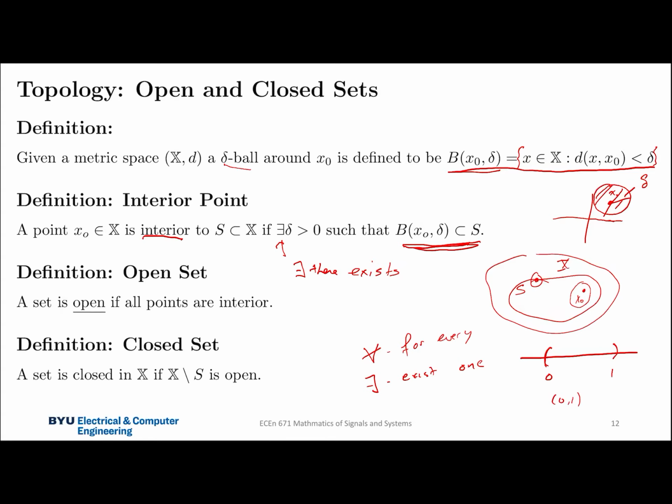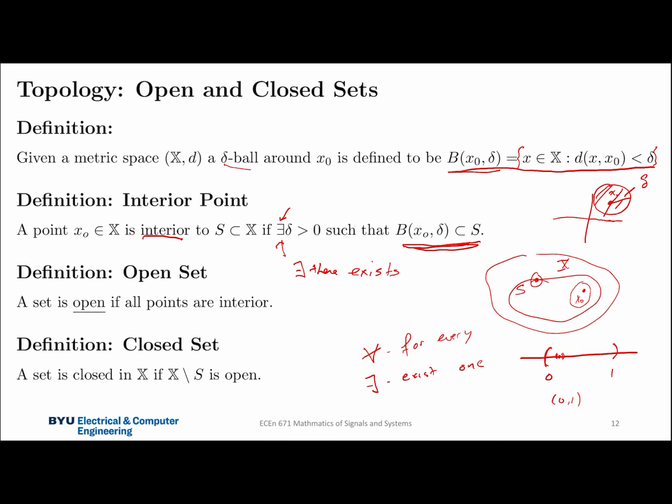So how do we know that this thing is open? Well, for any point inside 0, 1, does there exist a delta so that the interval around that point is all inside of 0 and 1?